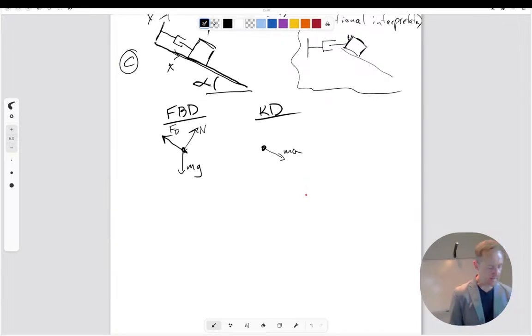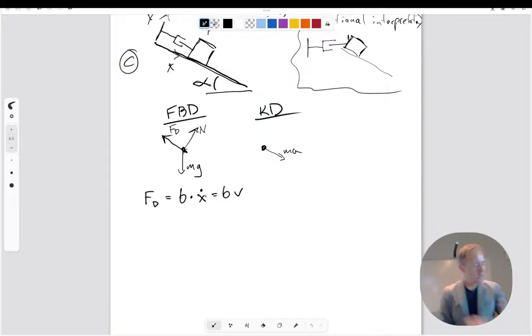And then defining the damping force, we did it once in homework 1: let's look at a spring, a damper, and friction. In this case, it's always equal to some constant times x dot, or b times v. And that is the force.